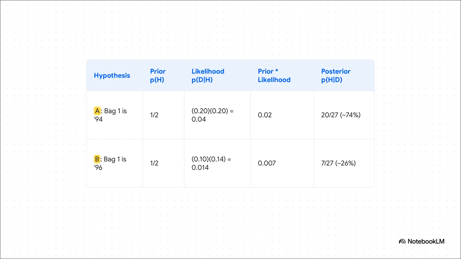A 50-50 shot for either hypothesis. But now, look at the likelihood. The probability of getting a yellow and a green M&M is just flat out higher if hypothesis A is true. And when we combine our initial 50-50 guess with this new evidence, bam, our belief shifts, and it shifts a lot. We end up with a posterior belief that there's a 74% chance that hypothesis A is the right one. The data just pulled us toward the most likely answer.